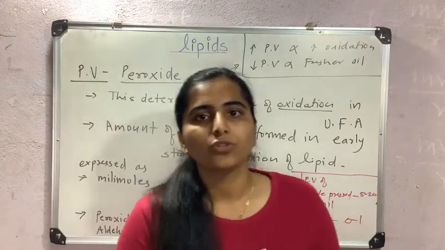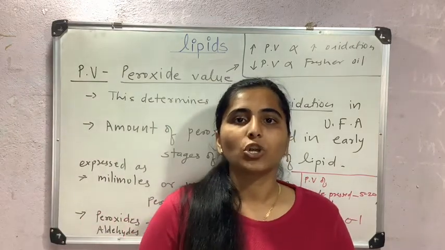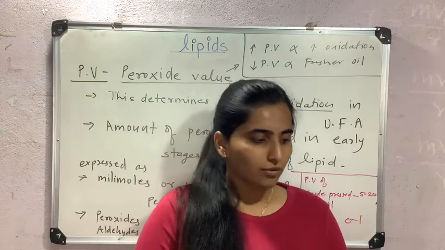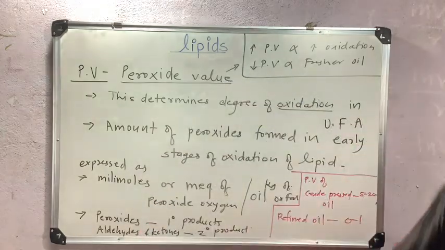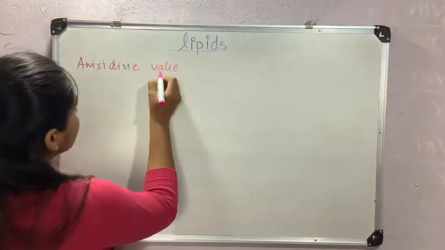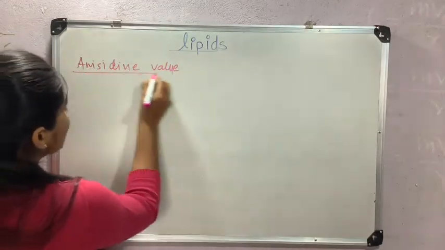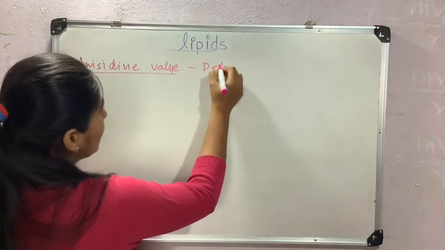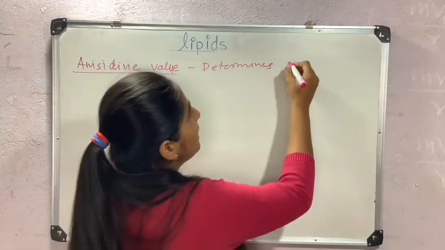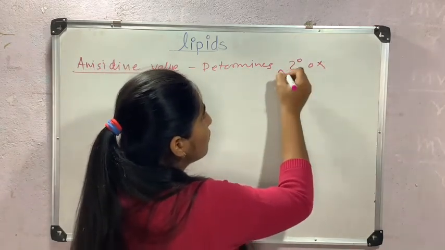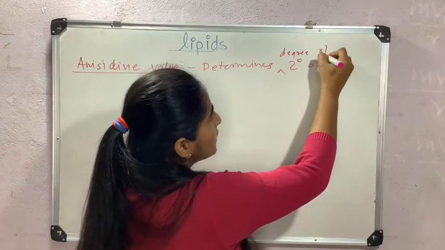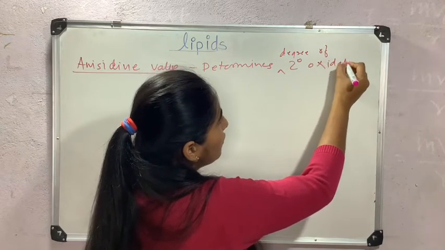Another test which is used for identification of secondary oxidation products like aldehydes and ketones is anisidine value. This anisidine value determines the degree or level of secondary oxidation of lipid.